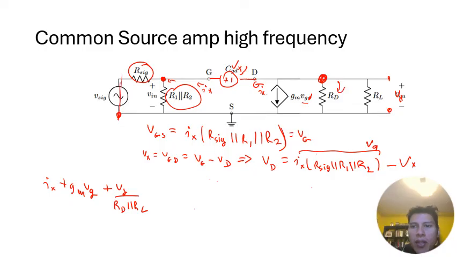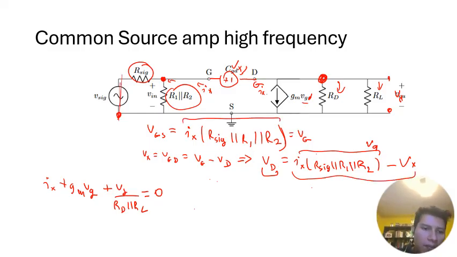So that would be these two currents. Okay, and that should all be equal to 0. So we need to get this in terms of Vx and Ix. So to do that, we can replace all of the VDs with this term and all of the VGs with this term.